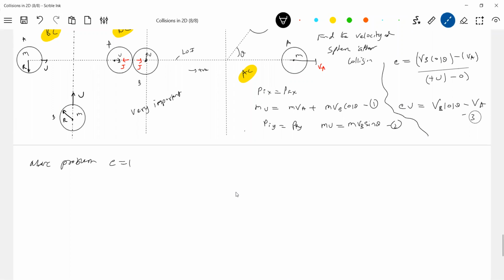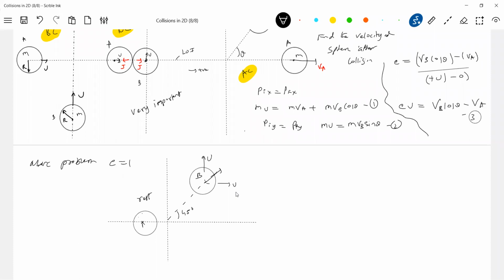Finally, after collision, the first sphere will come to rest, and sphere B will move with a velocity. Any reason for that?